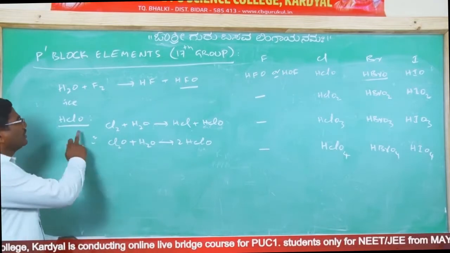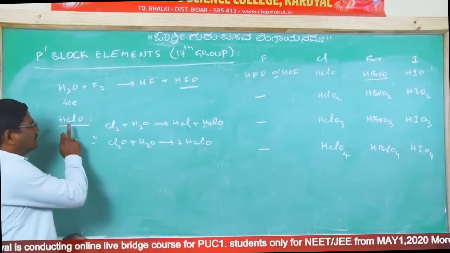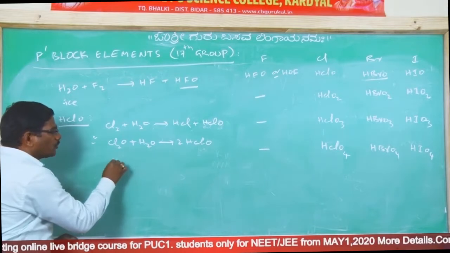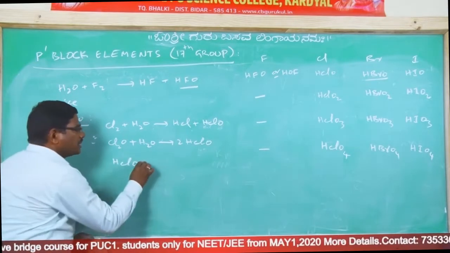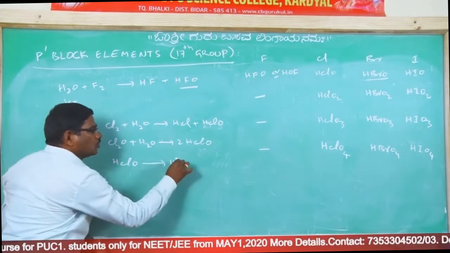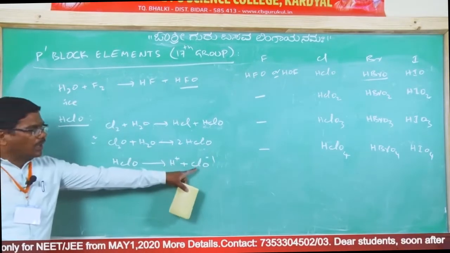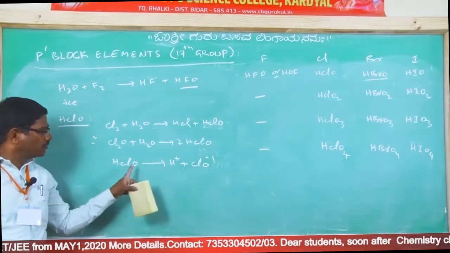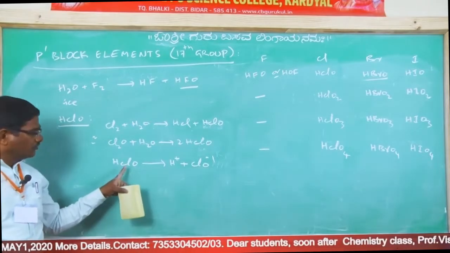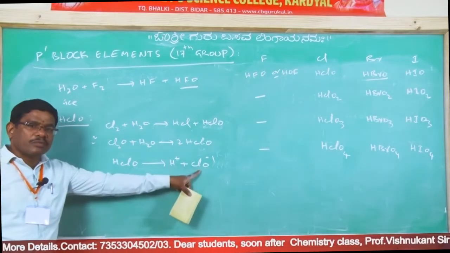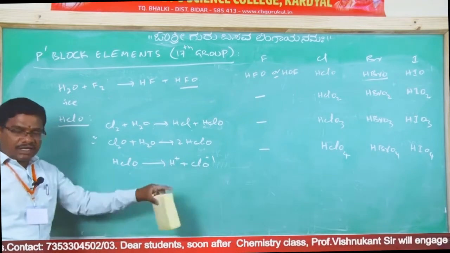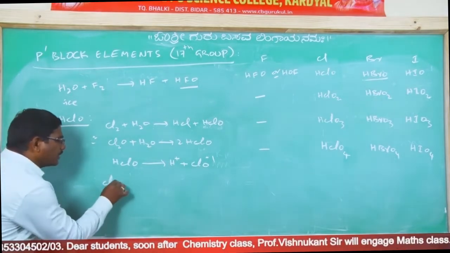Clear? In this way, hypochlorous acid, its ion: HClO gets ionized into H plus and ClO minus. ClO minus is the conjugate base of HClO. If the acid is weak, its conjugate base is strong.